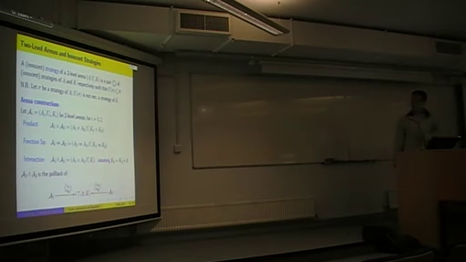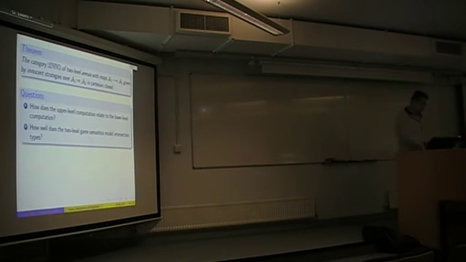For that, we have to make sure that the two-level arenas share the same base, and the arena that is constructed is indeed the pullback of these two maps. It's not too difficult to show that the category whose objects are two-level arenas and whose maps are innocent strategies forms a Cartesian closed category. We have built a semantic structure.